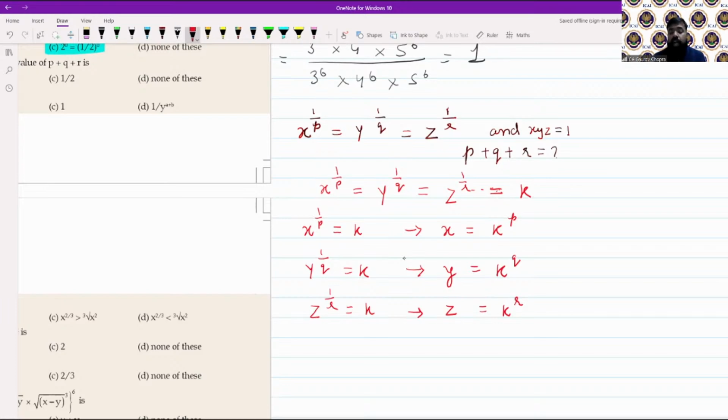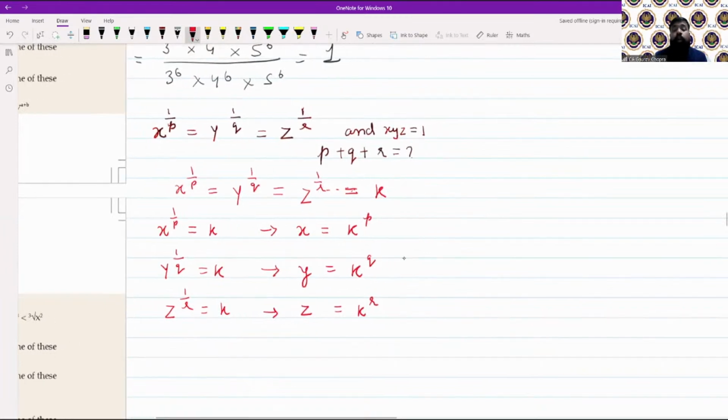Now, according to the given value in the question, it says x multiplied by y multiplied by z is equal to 1. So if we multiply all three, the result is 1. So let us multiply. Value of x is k to the power of p, multiplied by y. Value of y is k to the power of q, and for z it is k to the power of r.